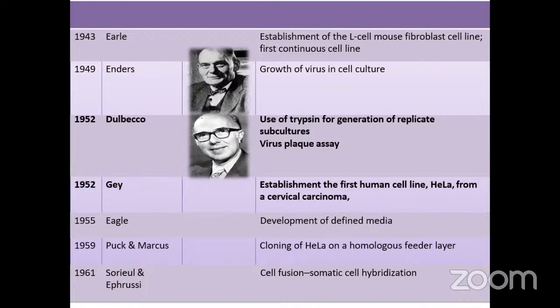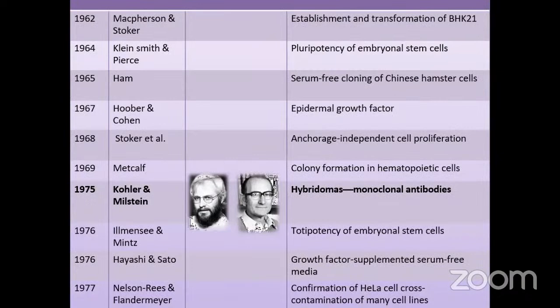Then in 1961, Sorieul and Ephrussi first did cell fusion by somatic cell hybridization. Then in 1962, Macpherson and Stoker established and transformed BHK21. Then in 1964, Kleinsmith and Pierce cultured pluripotent embryonal stem cells.